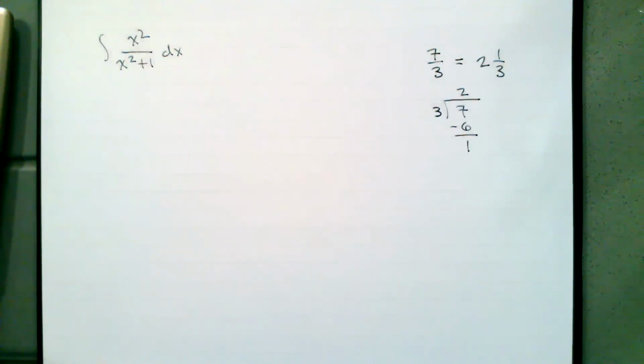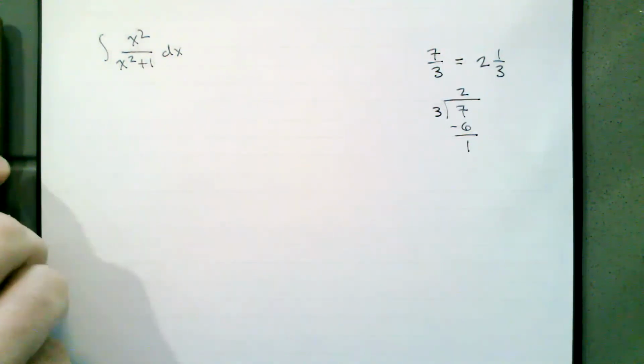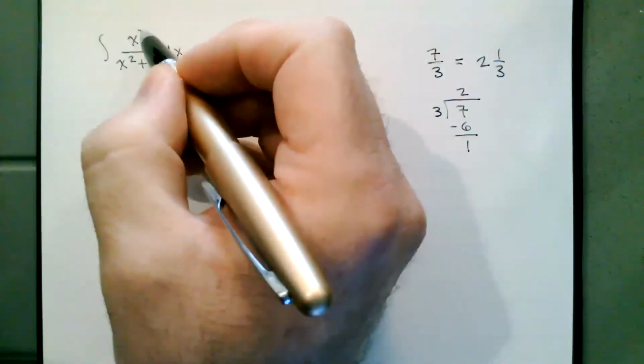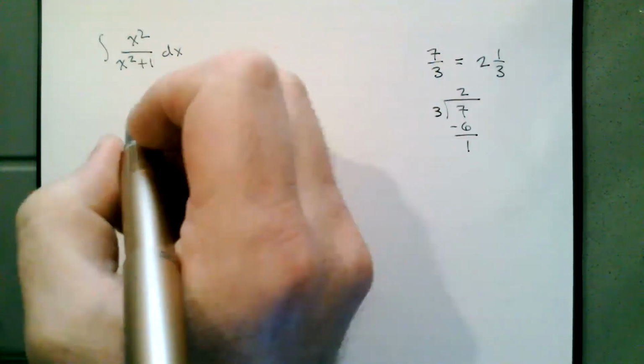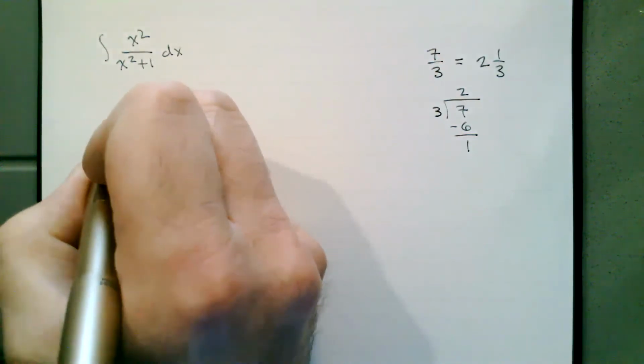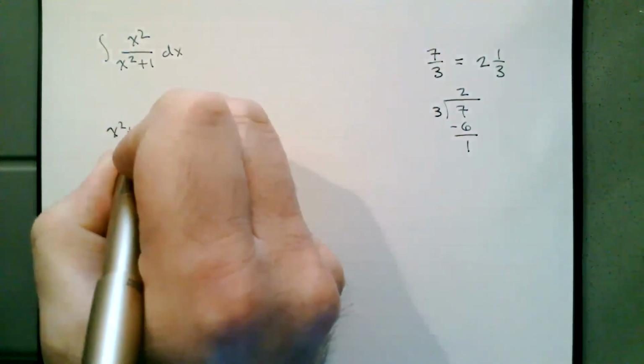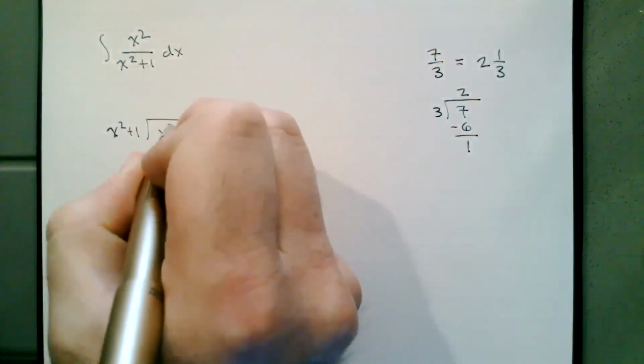We're going to do the same thing with x squared over x squared plus 1. We can do the division because the degree of the numerator is greater than or equal to the degree of the denominator. So I'm going to divide x squared plus 1 into x squared.